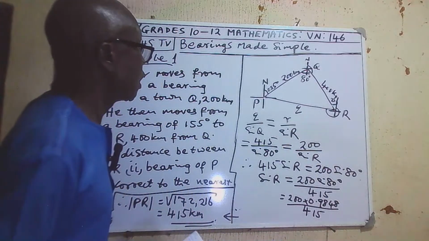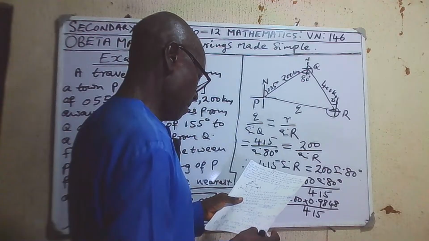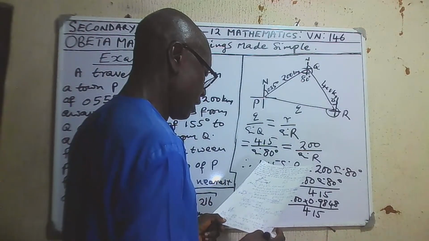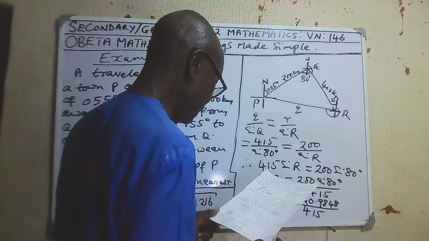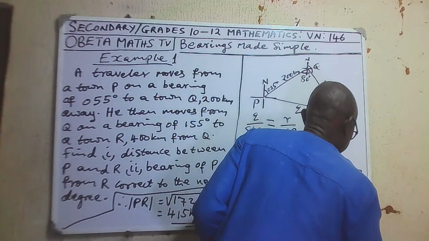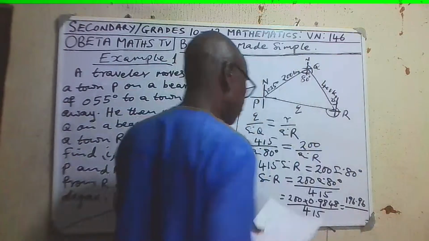So, in order to continue, this will give us 196.96 all over 415.